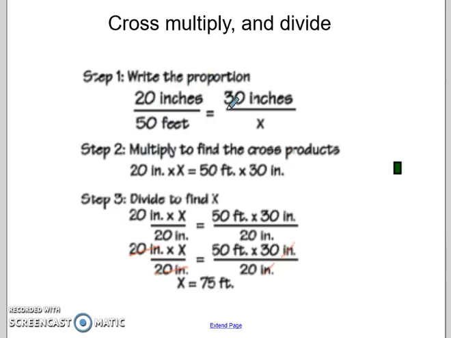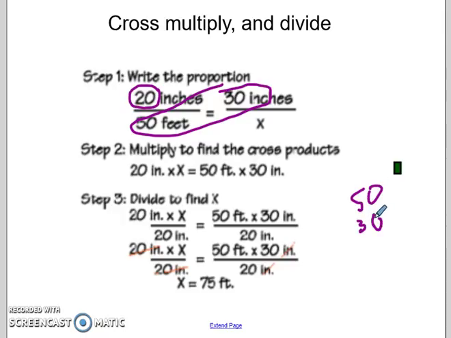Then you multiply the cross, 50 times 30, for step 2. And you divide by the number that's left over. So here, 50 times 30 would be 1,500. And we would divide 1,500 by 20.